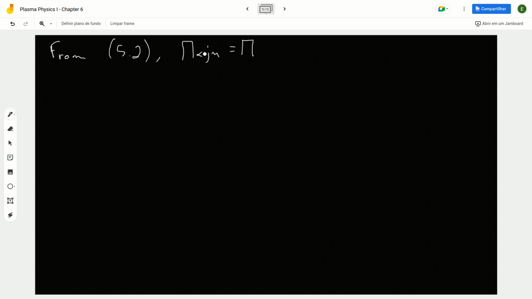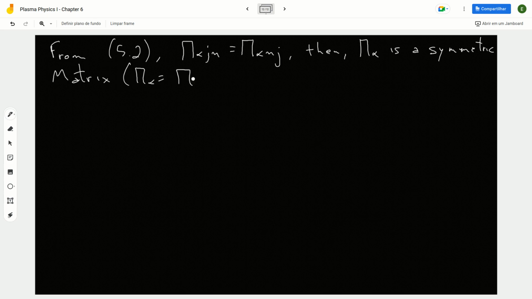Okay, capital pi alpha jn is equal to capital pi alpha nj, right? Then this matrix is a symmetric matrix. That is, you have this equal to its transpose. Thus, only 6 of the 9 components may be computed. They are independent.